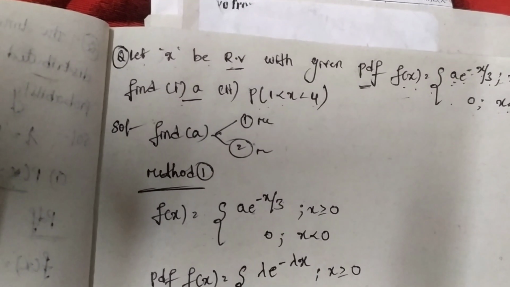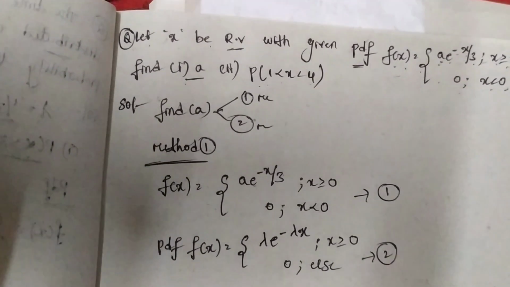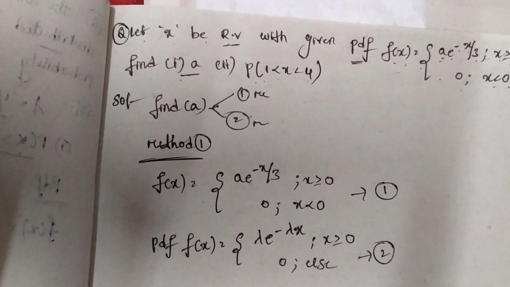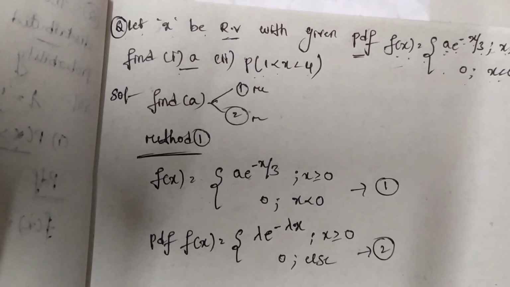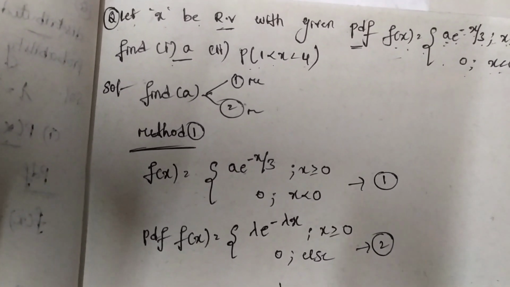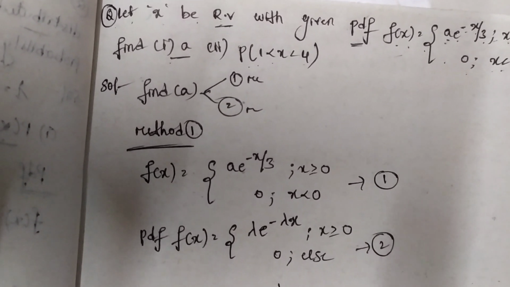By comparing equation 1 and equation 2, we get a into e power minus x by 3 equals lambda into e power minus lambda x. Here e is the same, the minus is the same, and x is x.